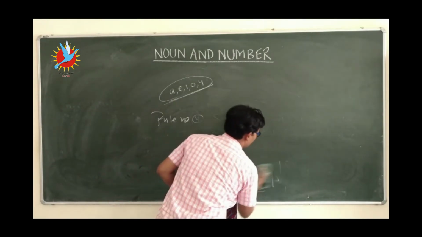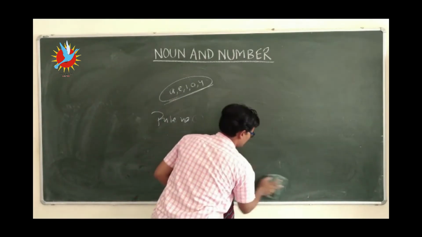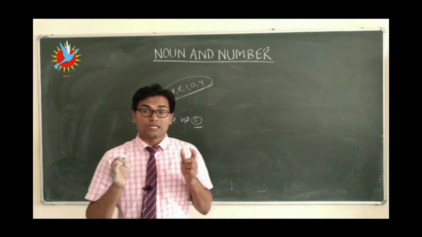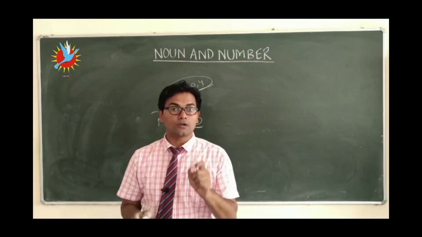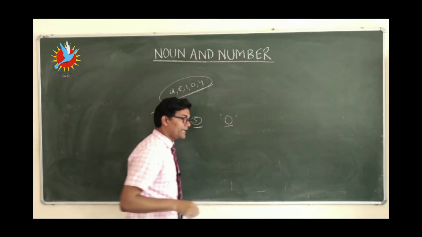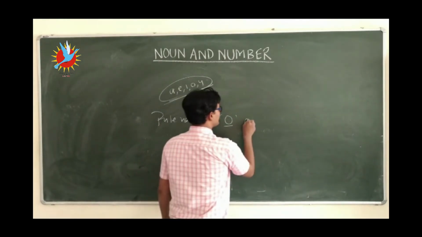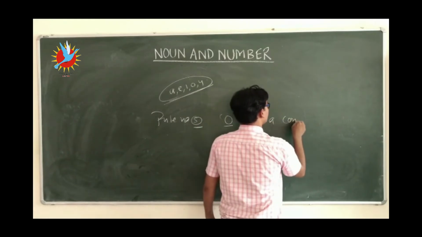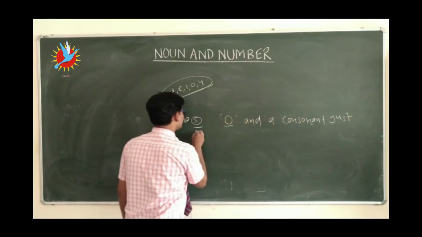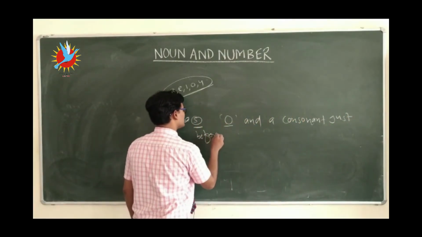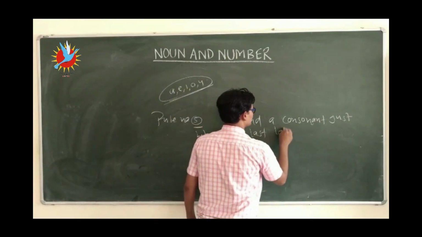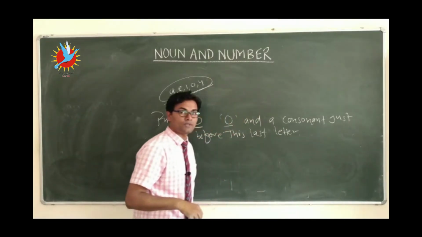Rule number 5. I hope you all are getting these rules. Rule number 5. If we have a singular common noun ending with the letter O, and a consonant just before this last letter, then what do we do?